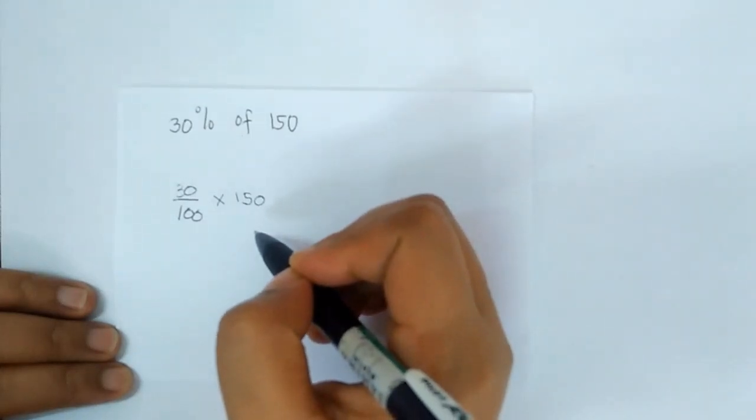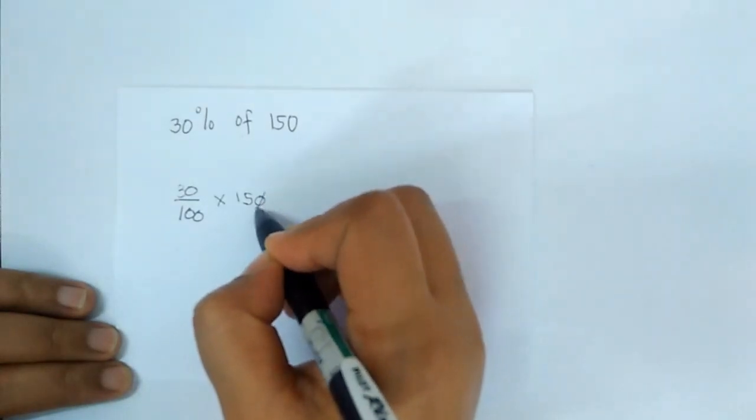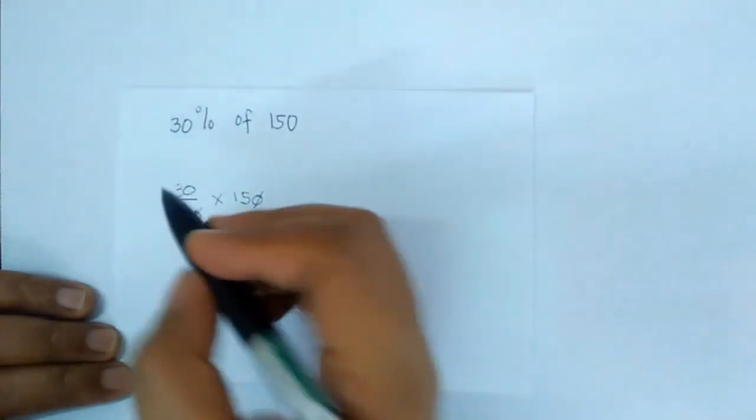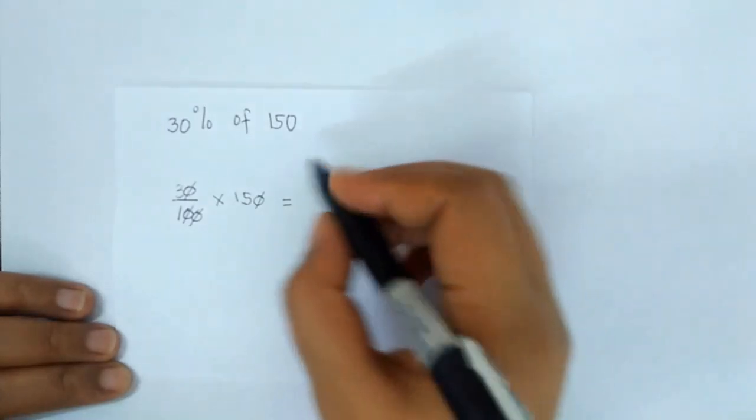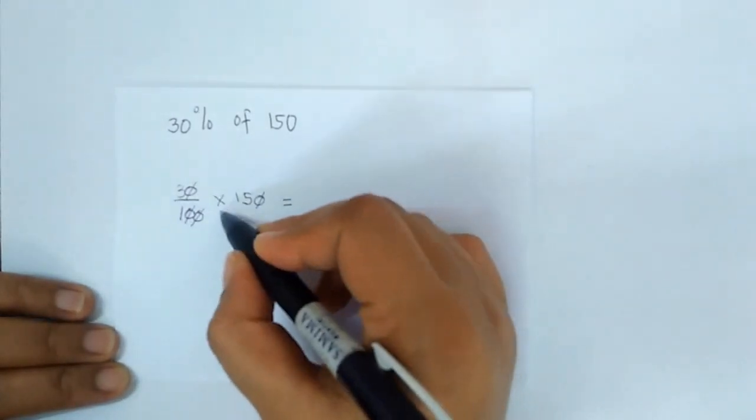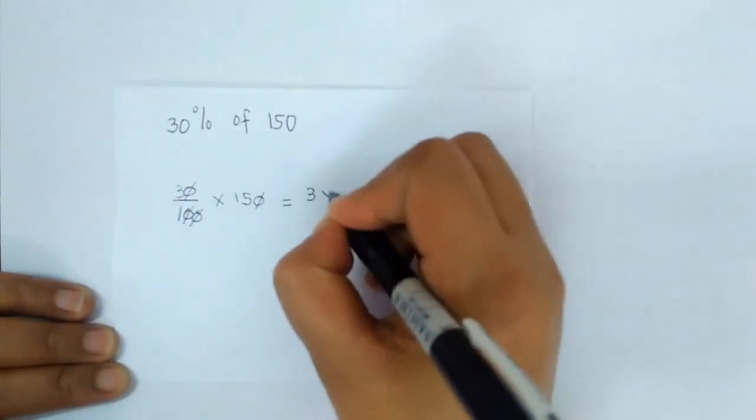150. So you can see here, there are numbers that we can simplify. Zeros here and zeros here. What numbers are left? We have 3 times 15.